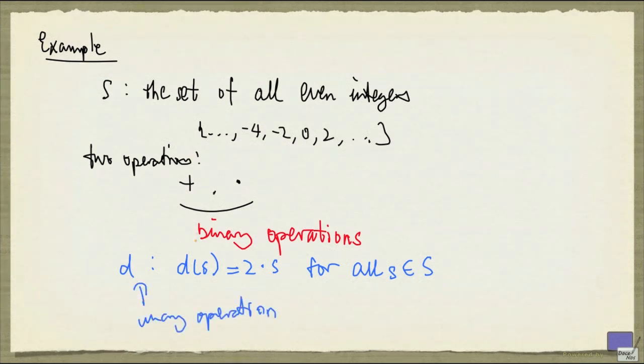So in this example, the structure actually has 3 operations operating on the set of all even integers.